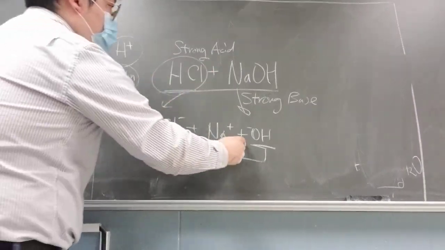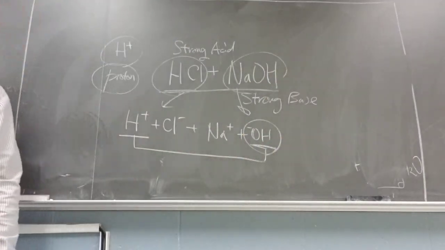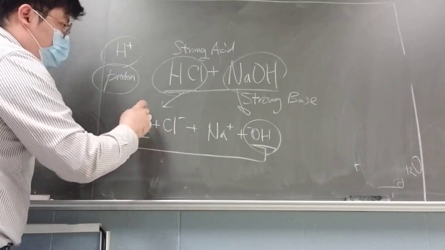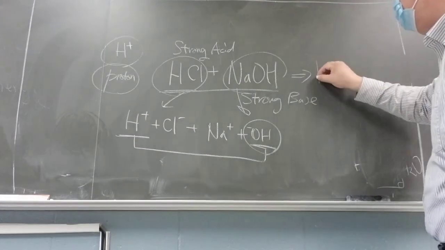Okay, and this is donating OH minus. So following the Arrhenius definition of the base, that is our strong base. Whenever you mix a strong acid and strong base together, they're going to do neutralization.